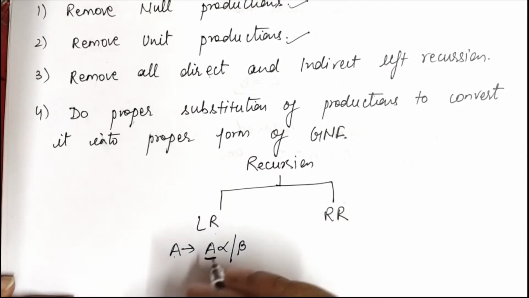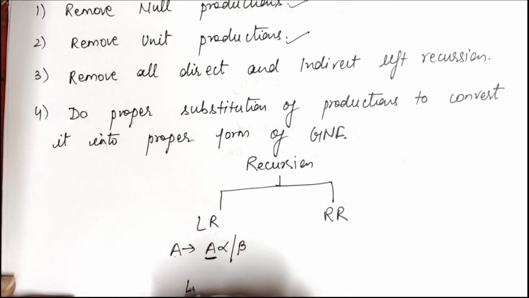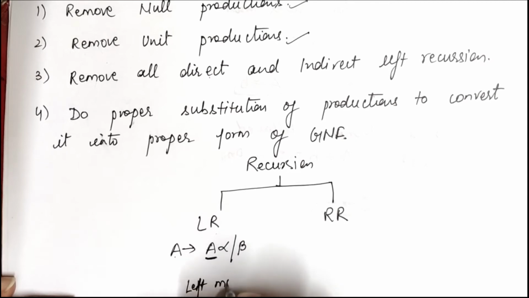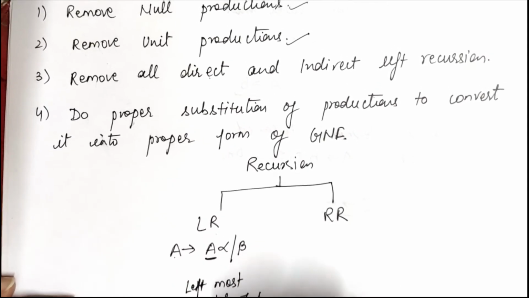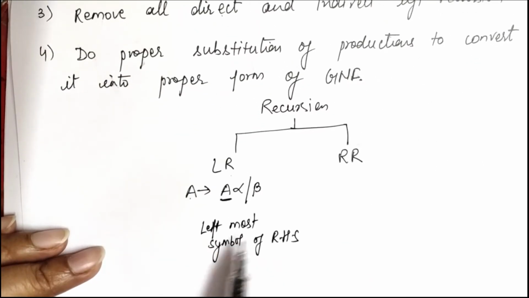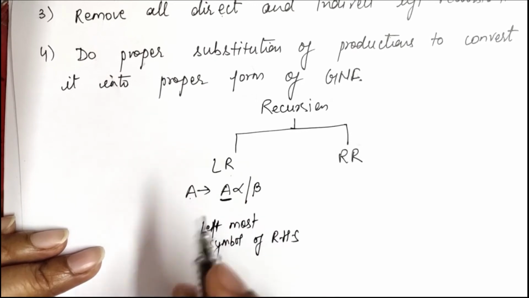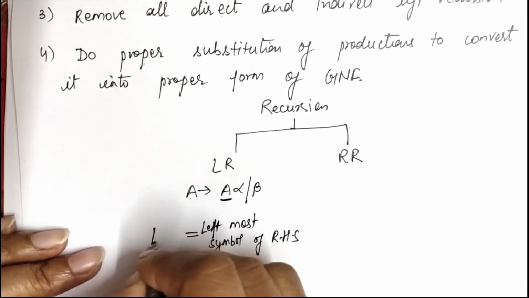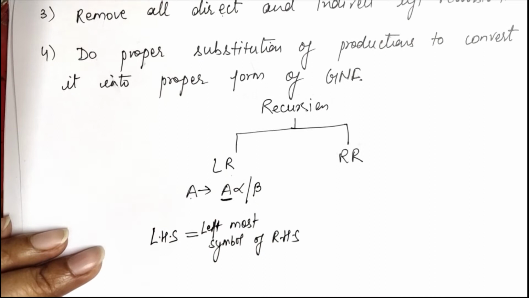So we can explain like this: if the leftmost symbol of the right hand side of the production is equal to the left hand side, then it is called left recursive.